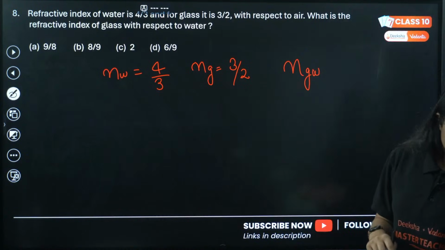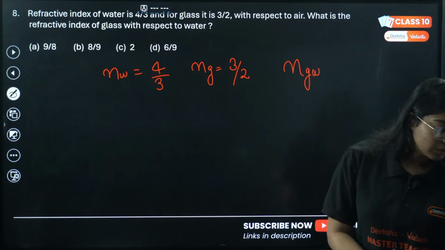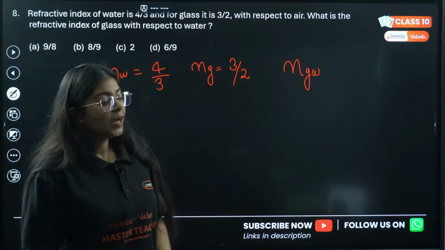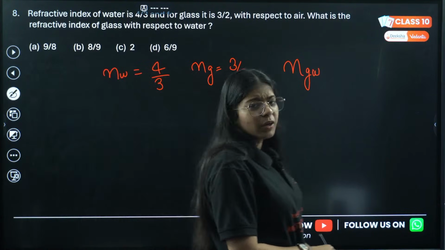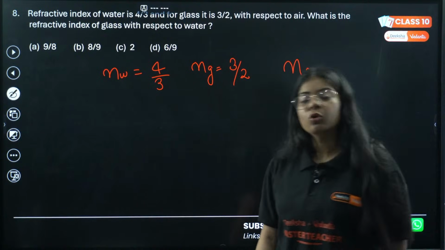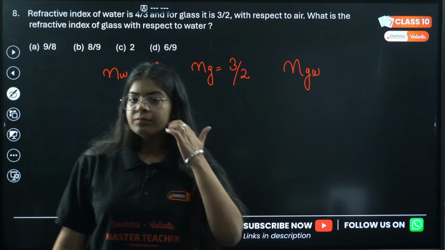Any other answer? Is it the other way around? You tell me, you guys are here to answer. You tell me what will be the correct answer. Will it be 2? Other people?